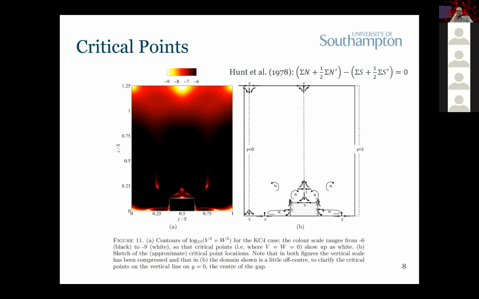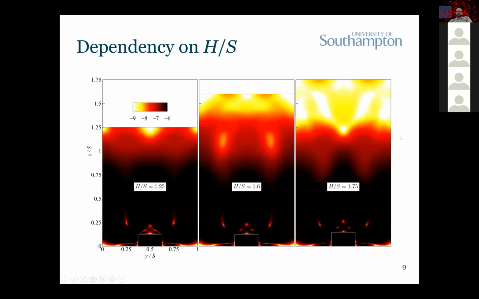So this is the first time we identified these critical points, and that is in line with Cantwell et al.'s rule, that is, the summation of the nodal points and half nodal points and saddle points and so on will give you a value of 0. So that was confirmed in this work.